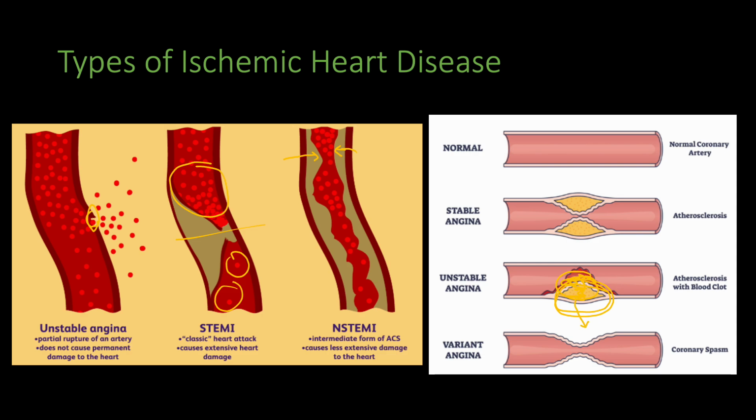So that's a rupture that's going to occur. Whenever this happens, it's not going to cause any permanent damage to the heart, but it may still lead to some damage and chest pain.